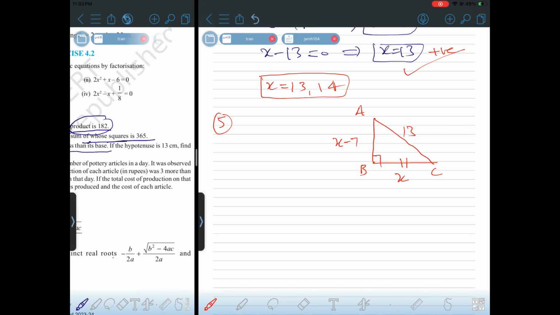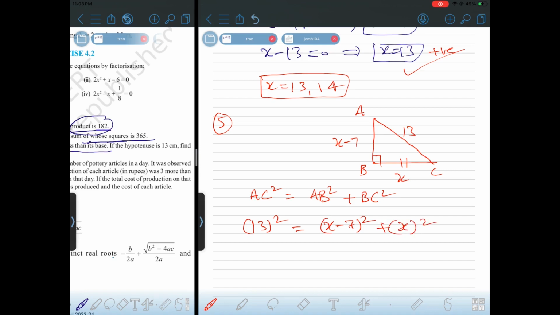So I think now it is very clear to you, right? Because now it is clear that we have to utilize the Pythagoras theorem. By Pythagoras theorem, AC square is equal to AB square plus BC square. So that gives us 13 whole square is equal to AB, which is x minus 7 whole square, plus BC square, which is x whole square.